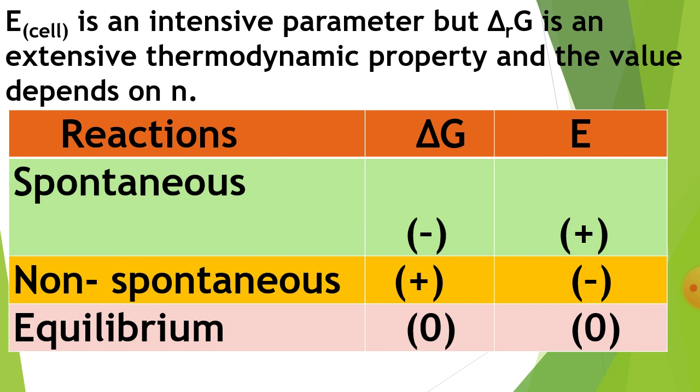Again, for a non-spontaneous reaction, delta G should be positive and E should be negative. That is, for a galvanic cell delta G is always negative and E cell is positive, but for an electrolytic cell delta G is positive. That's why the reactions that take place in an electrolytic cell are non-spontaneous. In case of equilibrium, delta G equals 0 and E cell also equals 0, that is, the cell will be fully discharged.